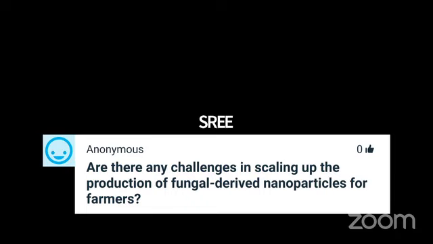So definitely it is a challenge for farmers. But if the research is going on at a large scale and we can produce more nanoparticles, the extension department, with various KVKs, or even direct research labs, like the mushroom labs in various places, can connect directly to farmers.